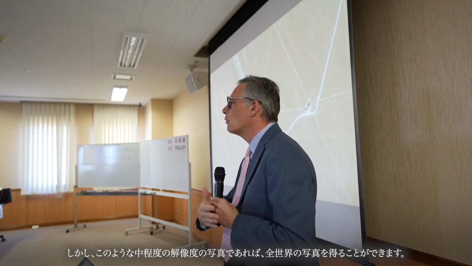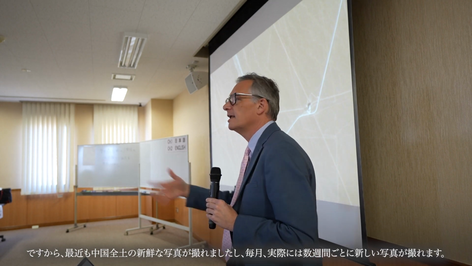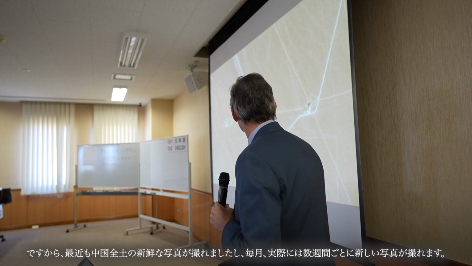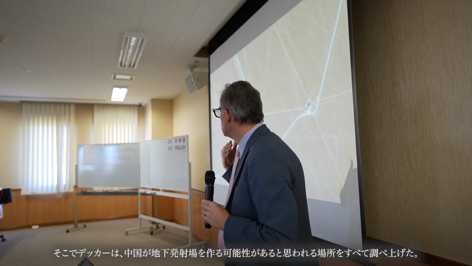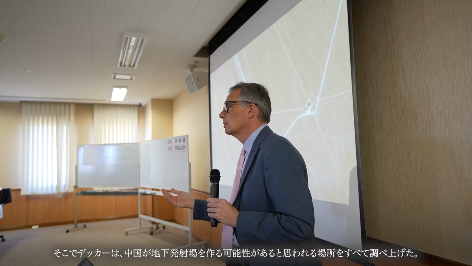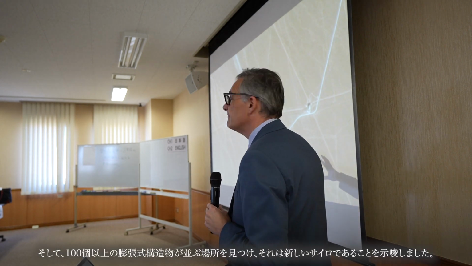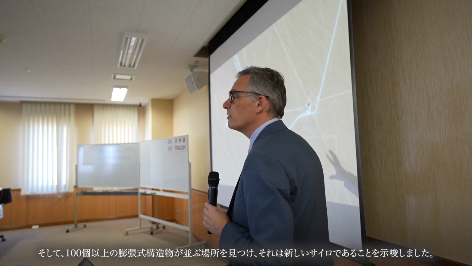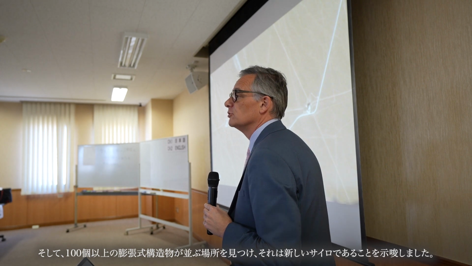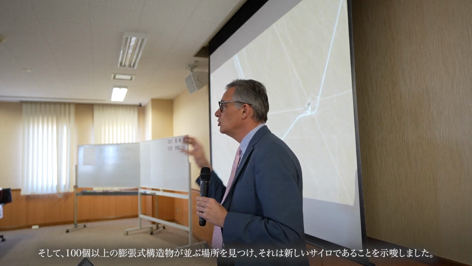So we had a fresh picture of all of China. And we're getting a new one every month, every few weeks, actually. And so Decker went through all the areas where he thought China might build such underground launch sites and found a field of more than 100 of these inflatable structures, arrayed in a way that made it clear that this was a new silo field.